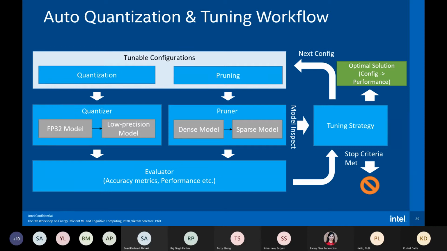It can also prune it and generate a sparse model. It'll evaluate the metric and look at the tuning strategy that the user has selected. If it doesn't meet the accuracy, it goes to the next cycle. So it's an automated tool. One doesn't have to spend any manual effort, essentially only restart it, and a lot of the models have been quantized overnight, running on a single machine.